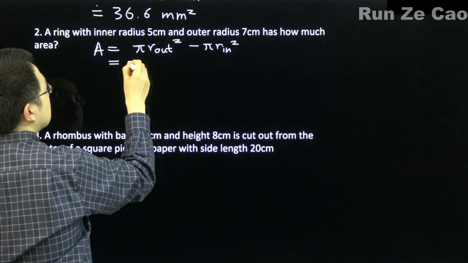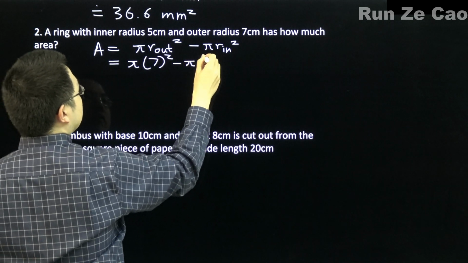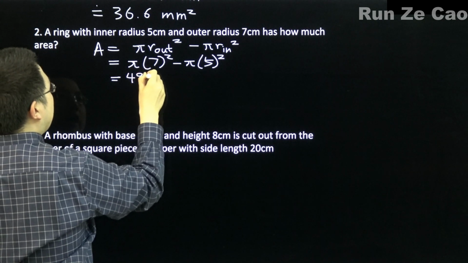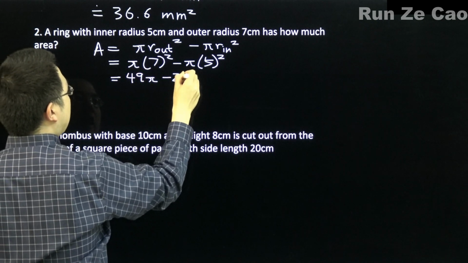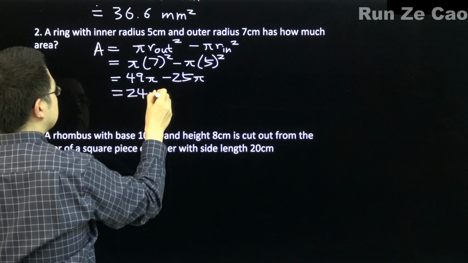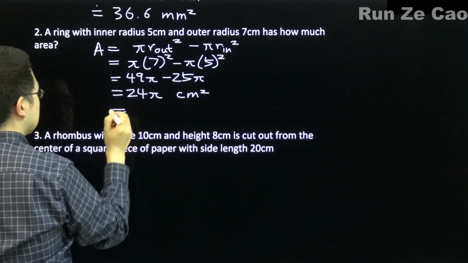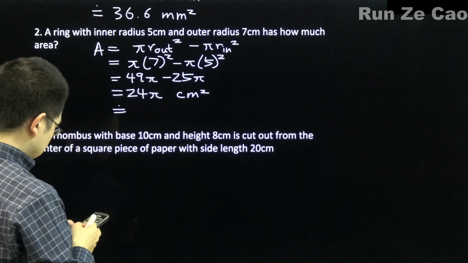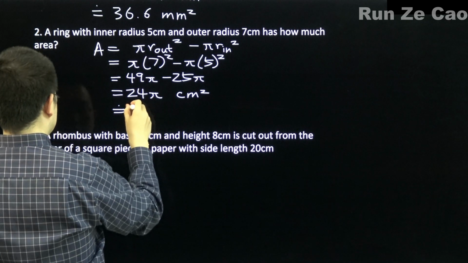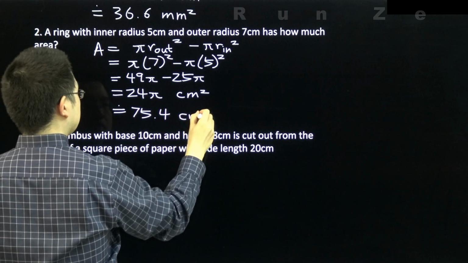That's going to be pi times 7 squared minus pi times 5 squared. 49 pi minus 25 pi equals 24 pi. And this is going to be in centimeters squared. This is approximately 75.4 centimeters squared.